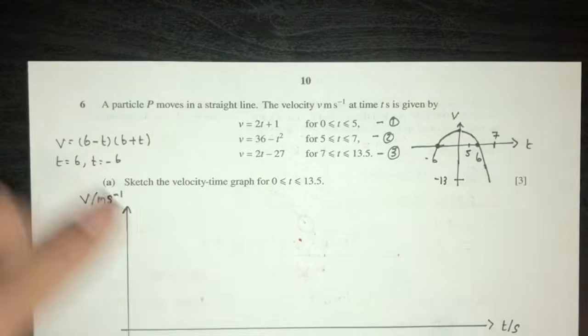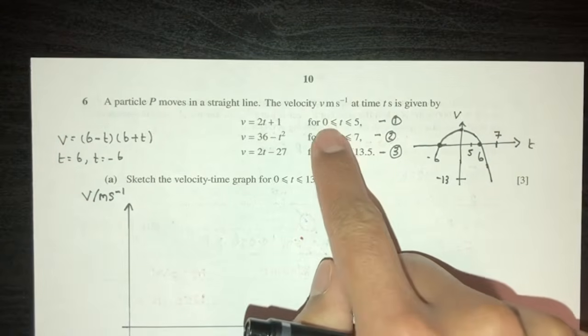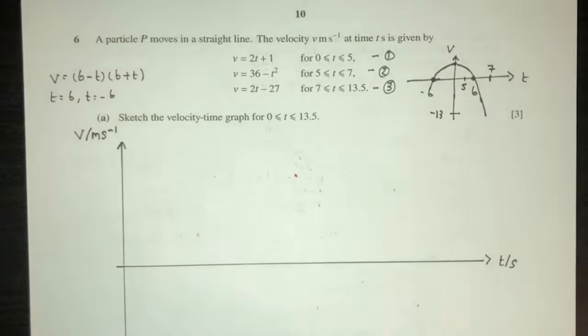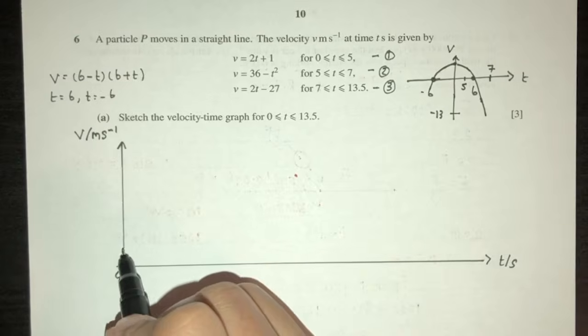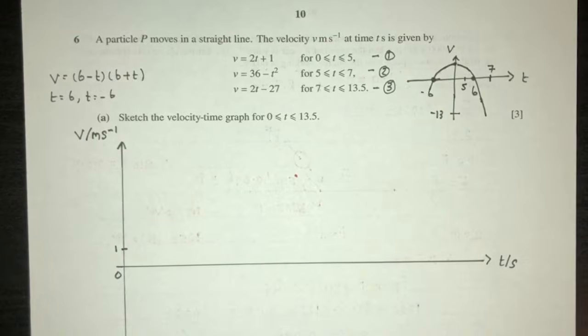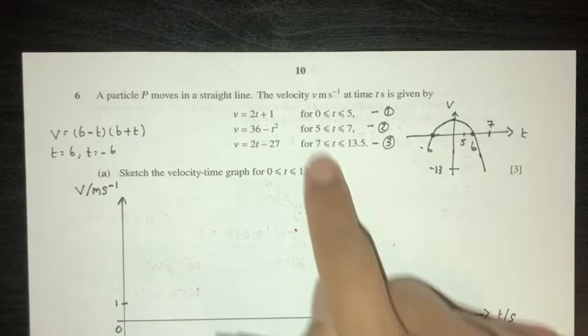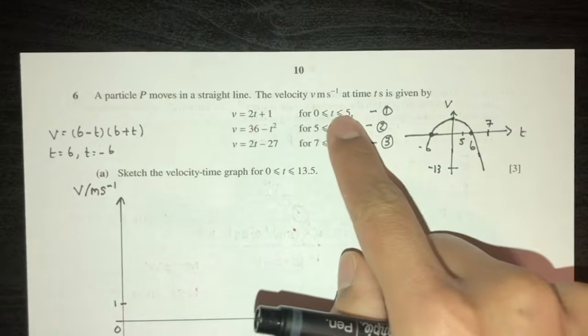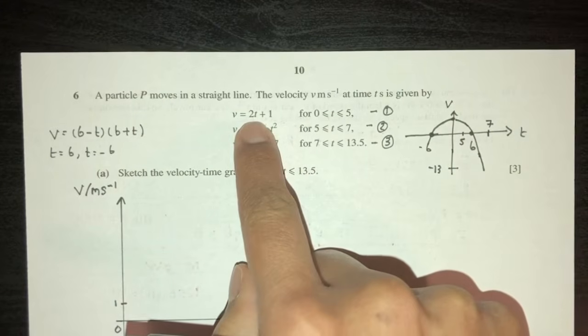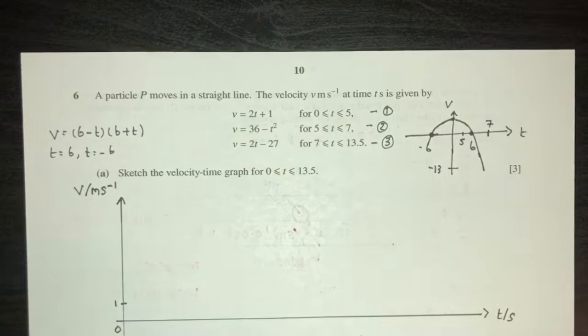Now for the first part, pretty easy. When the value of t is 0, the value of v will be 1. Let's say 1 is right here. Okay, that is the starting point of this movement for the particle, right? And then now we have to find the value of v when time equal to 5. That will be 2 times 5 is 10, plus 1 will be 11.